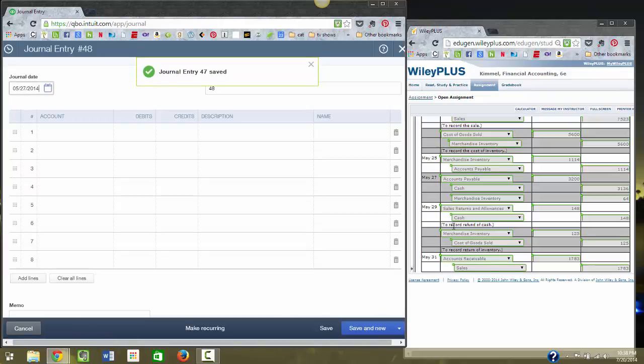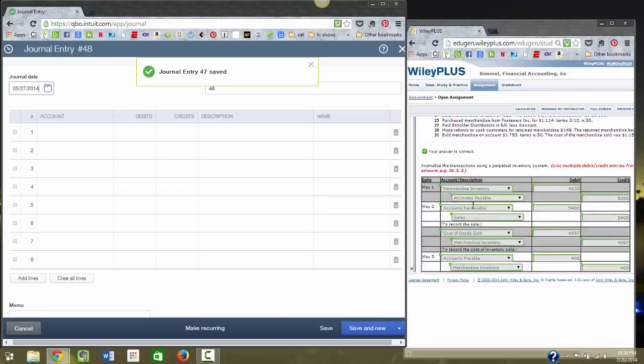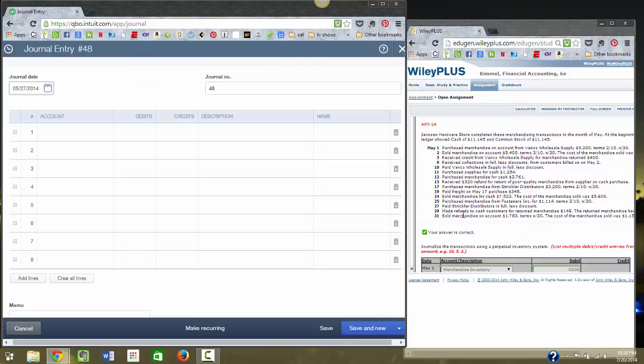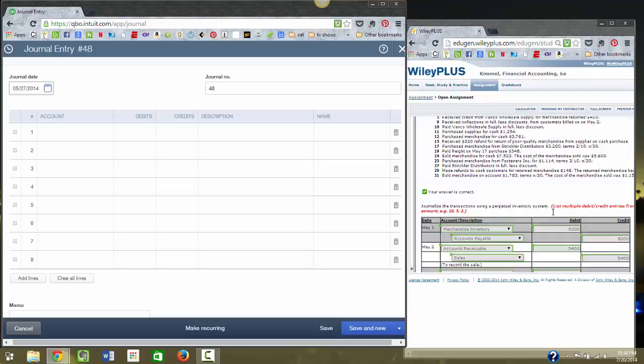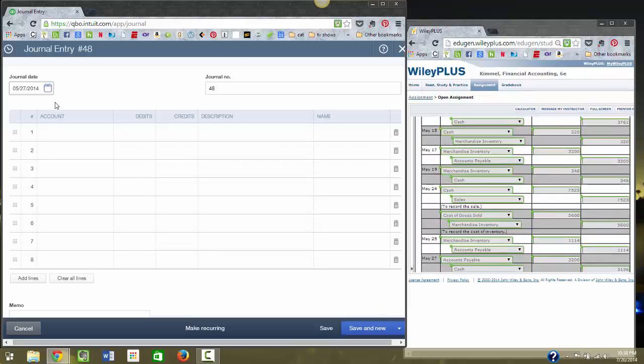Save and new. Okay, now moving on to the 29th. Made refunds to cash customers for returned merchandise. And it also gives us the value. So first thing we're going to do here is change the date to the 29th.